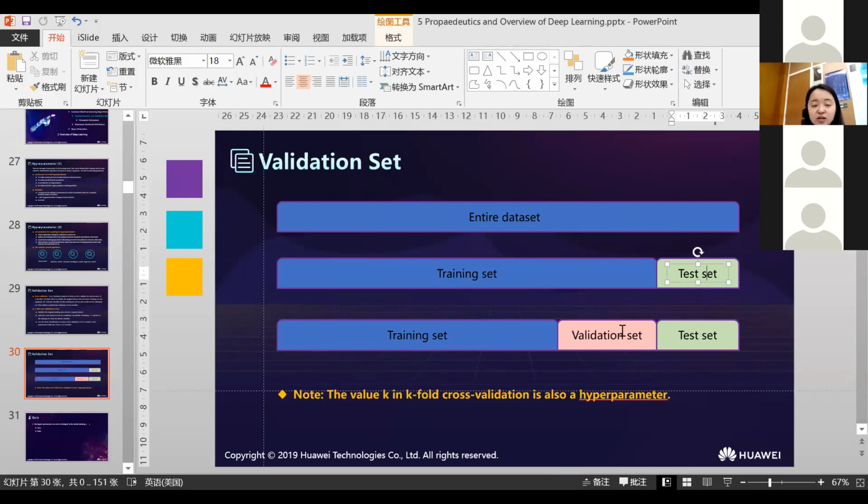And the validation set always works like a monitor.